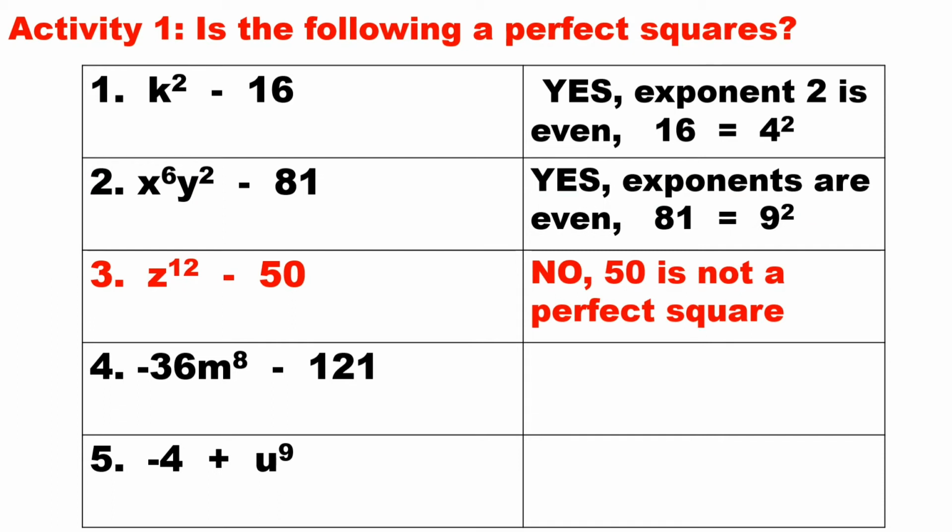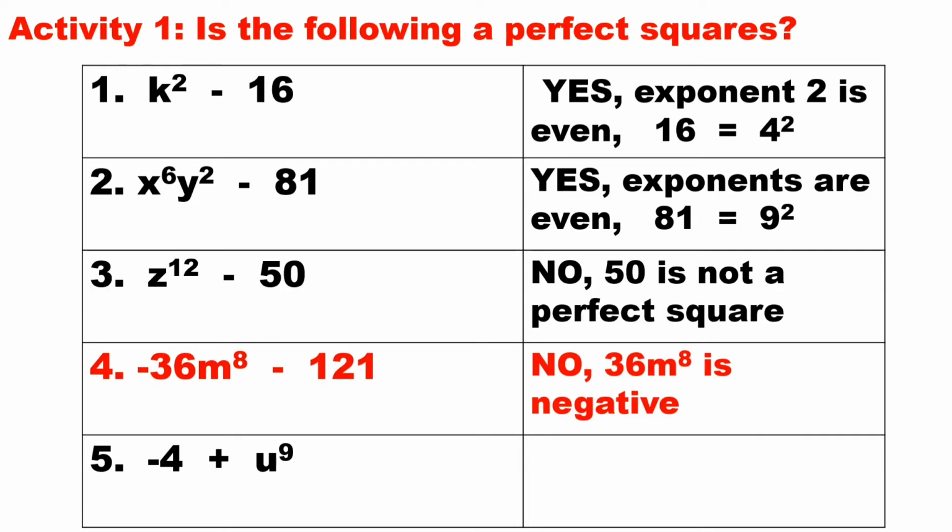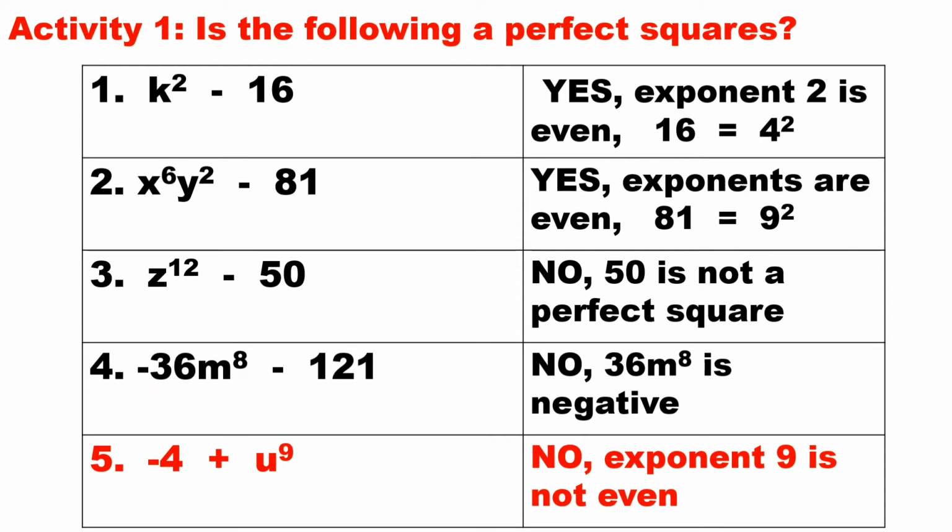Number 3, not a difference of two squares because 50 is not a perfect square number. Number 4, not a difference of two squares because even though exponent is even, numbers are squared numbers, they are both negative.